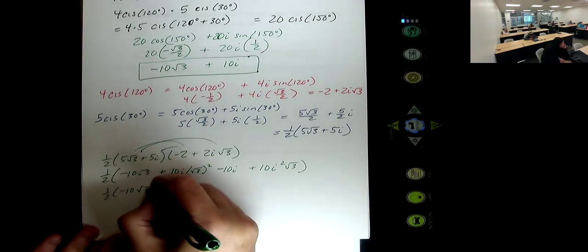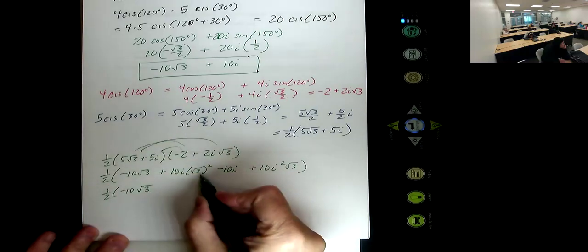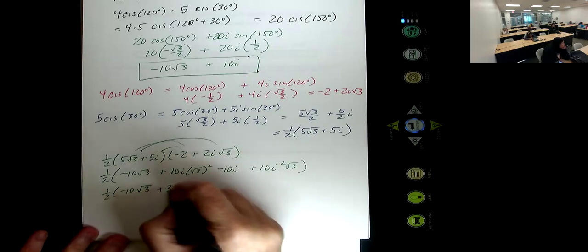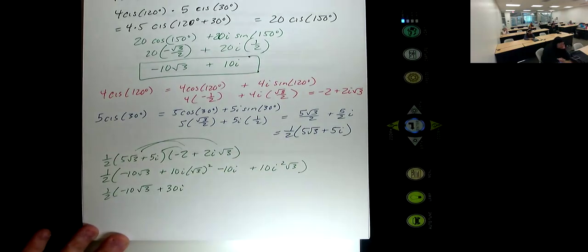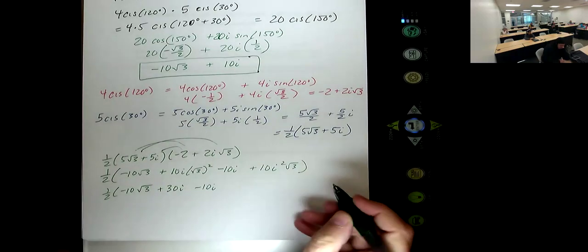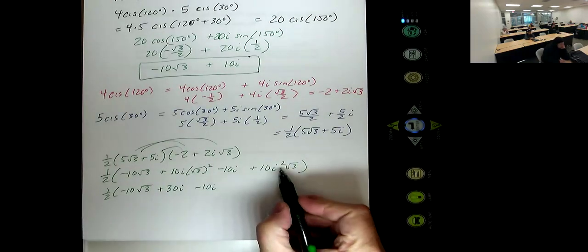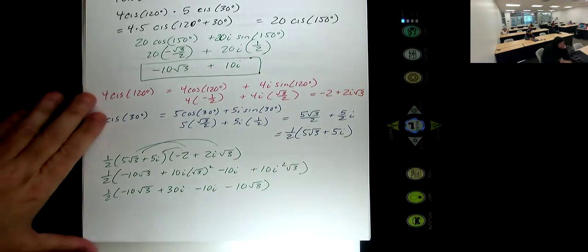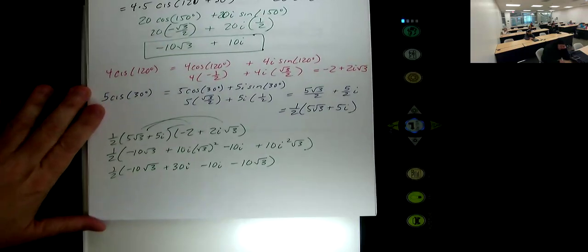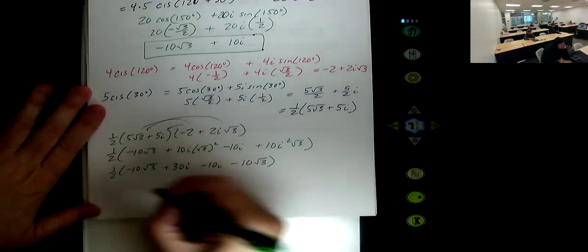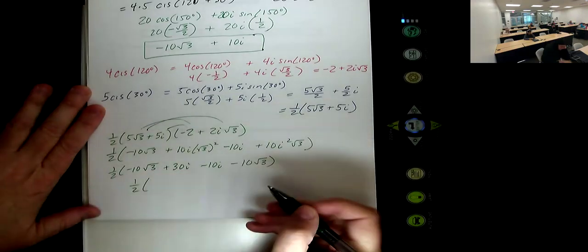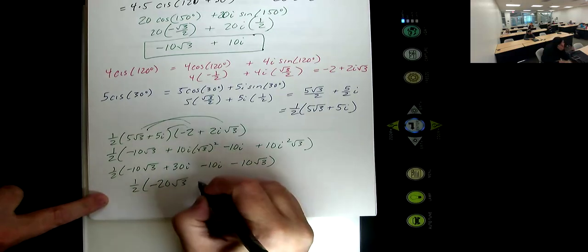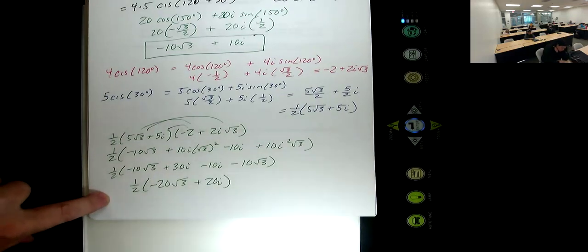Let me do some cleanup first before I combine. Square root of 3 squared is 3, times 10 is 30, so that's 30i minus 10i. I squared is -1, so that turns that into -10√3. So combining like terms, we've got -20√3 plus 20i, and then a 1/2 out front.